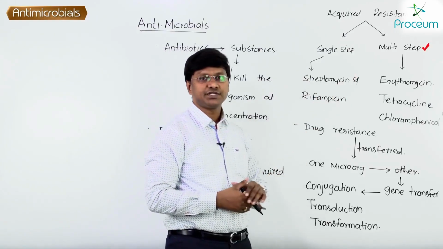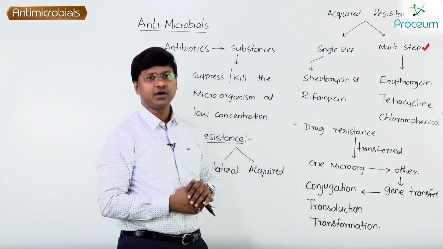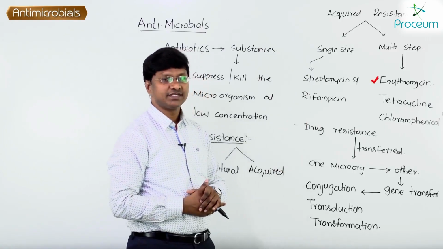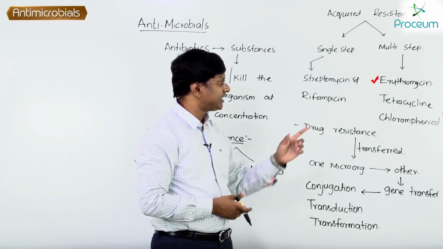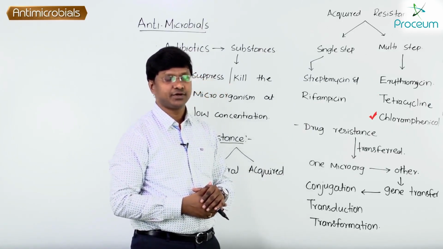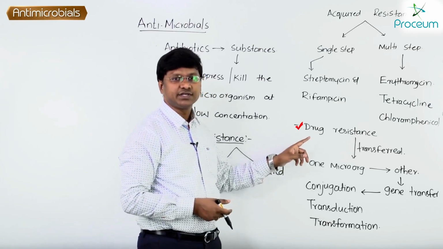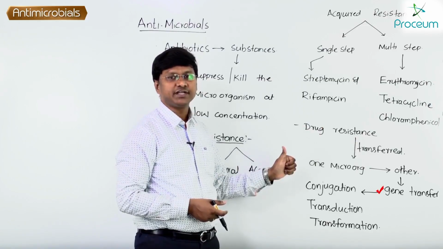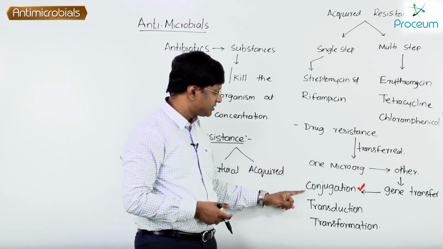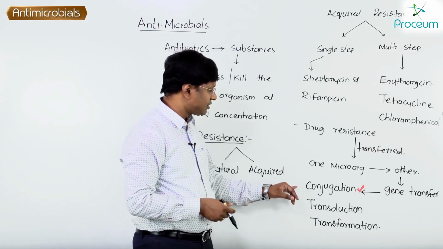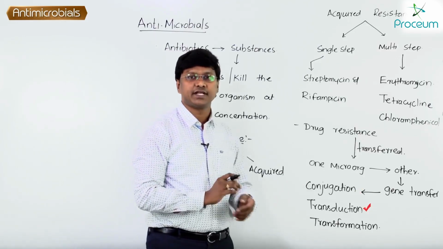Multi-step mutation is seen with erythromycin, which is a macrolide antibiotic, tetracycline and chloramphenicol, which are broad spectrum antibiotics. And this drug resistance is transferred from one microorganism to the other by gene transfer via conjugation, transduction and transformation. Now let me discuss conjugation, transduction and transformation.